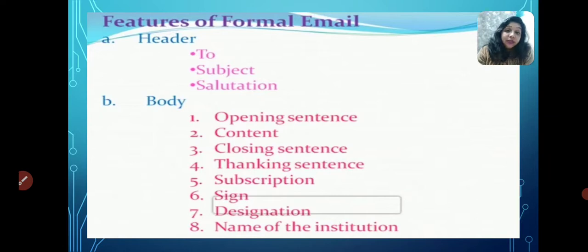Now coming to the second part, the body or the content part. The body is again classified into 8 subcategories. Every body should have an opening sentence. The opening sentence should be very clear and systematically written.